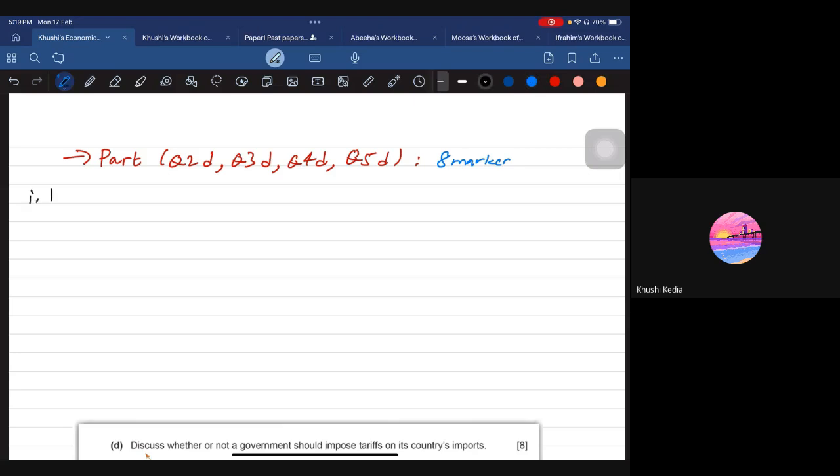Another requirement: there are two major things which are coming here, AO2 analysis and AO3 evaluation.